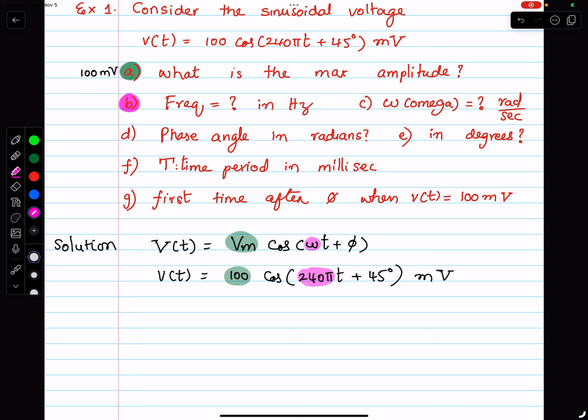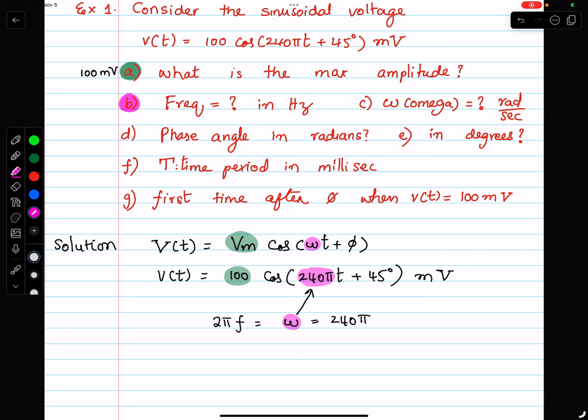In order to calculate F in hertz, 2 pi F is really omega, which happens to be 240 pi. That guy is omega.